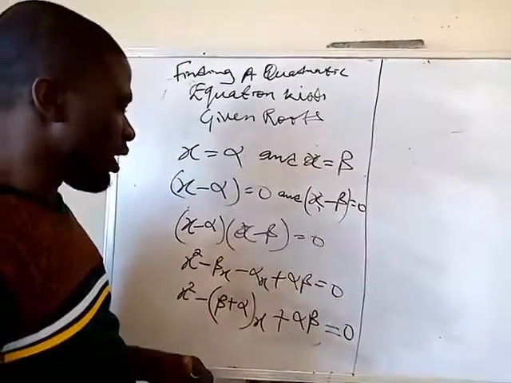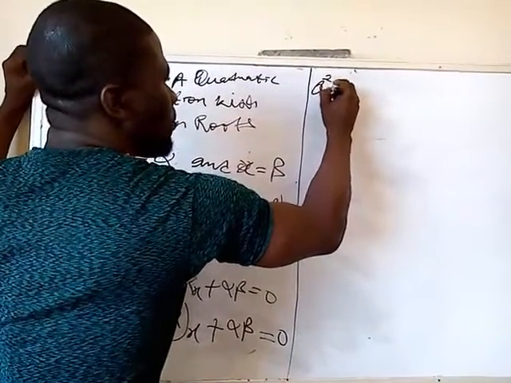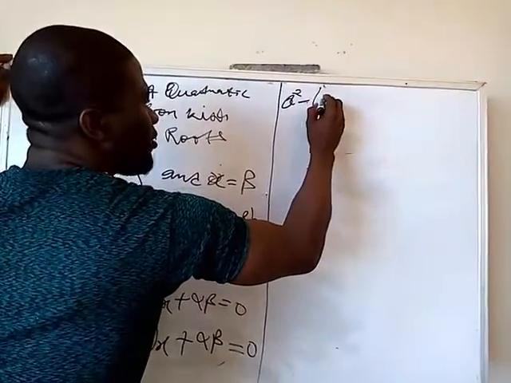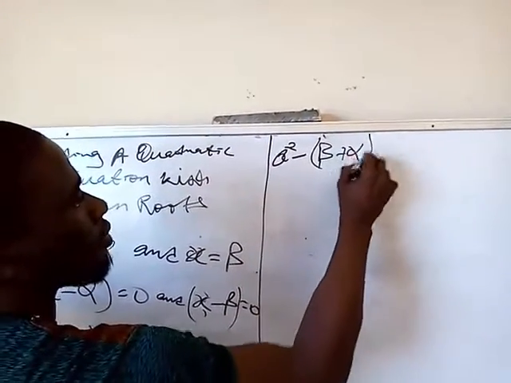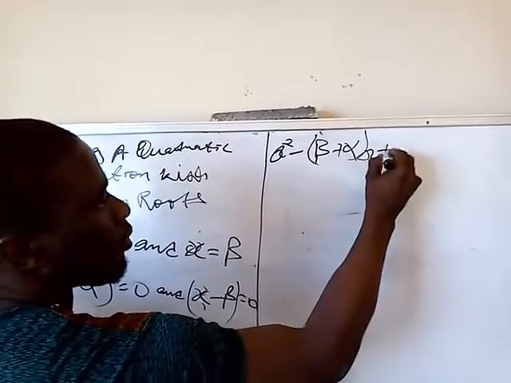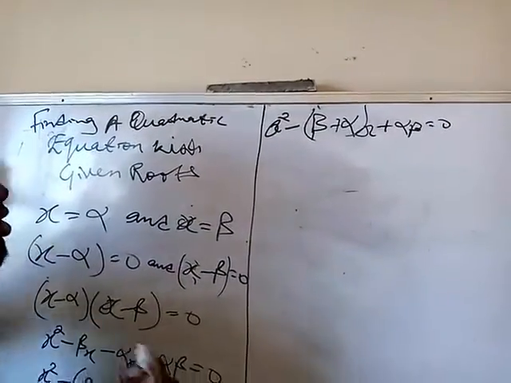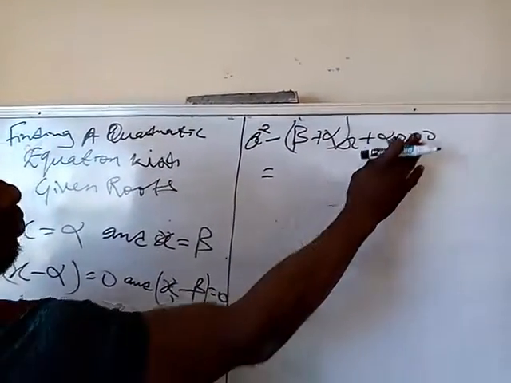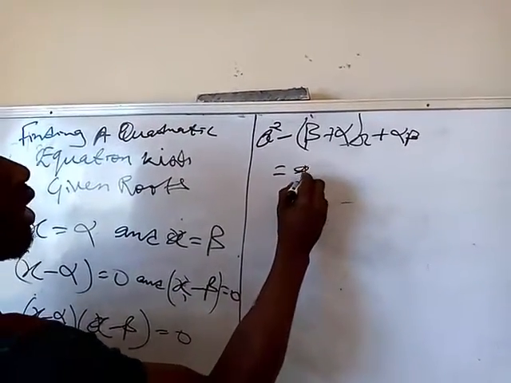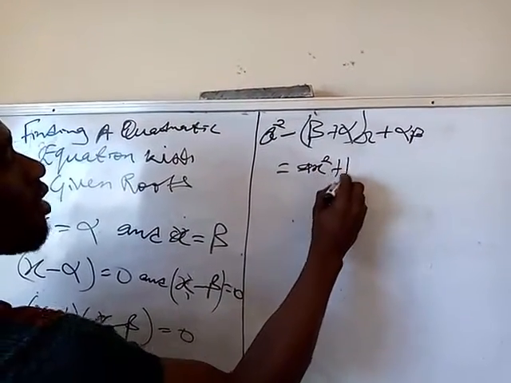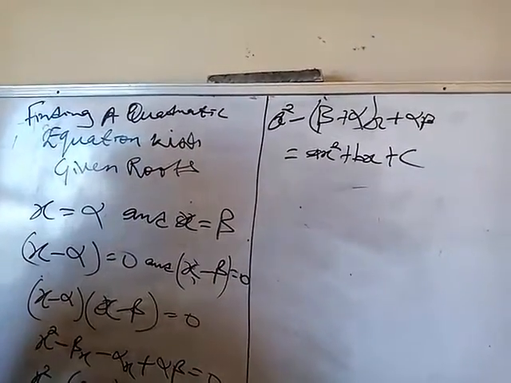But to continue, we have x squared minus beta plus alpha x plus alpha beta equal to 0. This is the same thing as ax squared plus bx plus c.